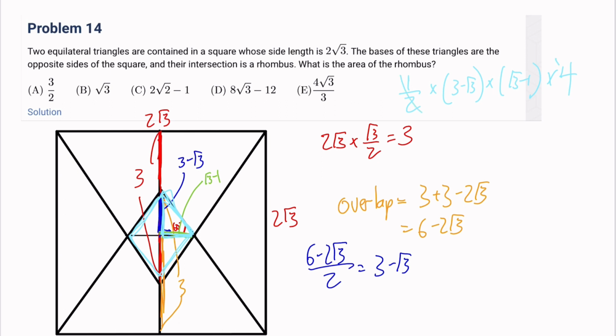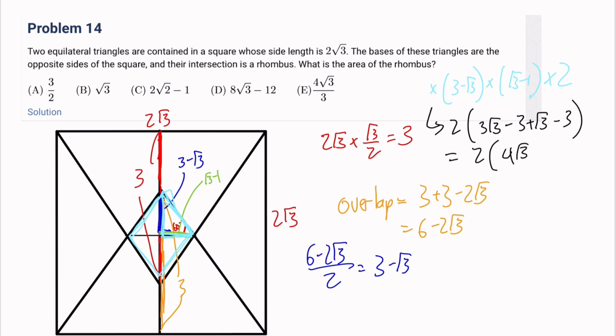And so these two cancel, so that becomes 2 multiplied by 2. And if we calculate this, this becomes 2 times (3√3 minus 3 plus √3 minus 3). So this will be this. So this equals 2 times (4√3 minus 6) equals 8√3 minus 12. So the answer is D.